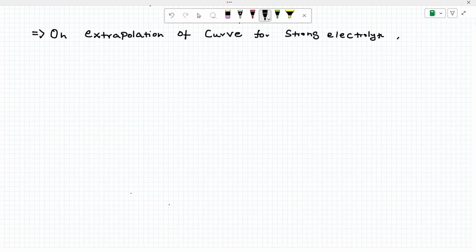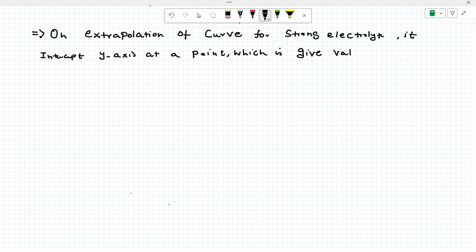Okay, it intercepts the y-axis at a point which gives the value of limiting molar conductance, called lambda m naught.